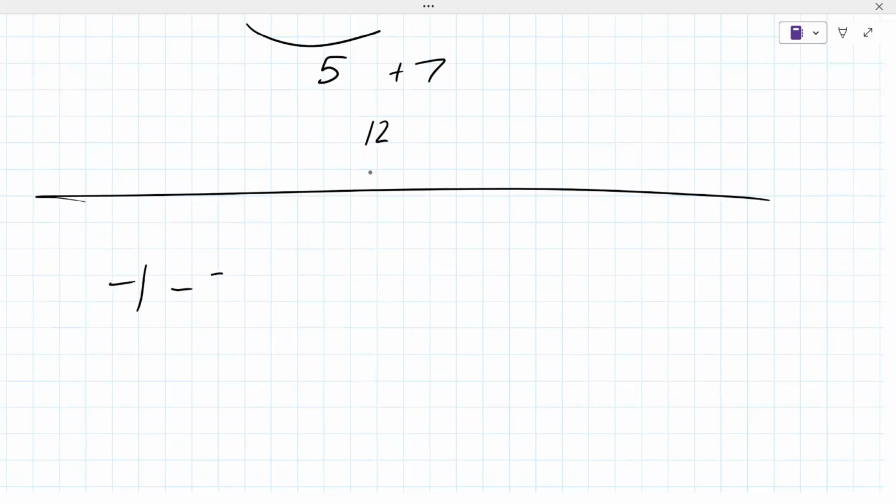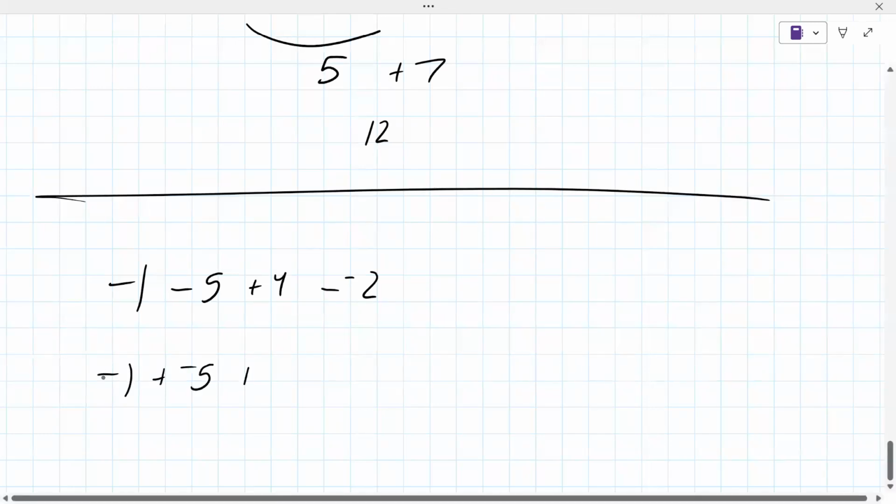Let's go: -1 minus 5 plus 4 minus a -2. So -1 subtract 5 plus 4 plus 2. Since 1 and 5 are both the same sign, I'll put -1 plus -5. That's fine.